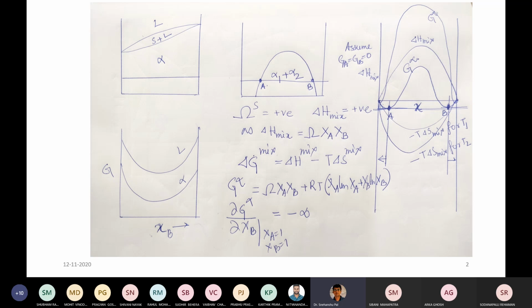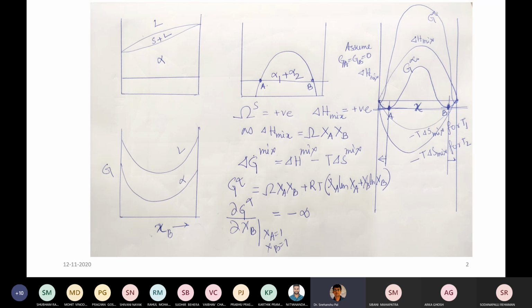To understand this, you can take a system which is an isomorphous system, and you can draw the free energy curve, which is already drawn in the slide. How does the free energy curve look with temperature?